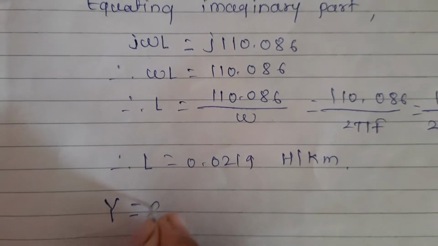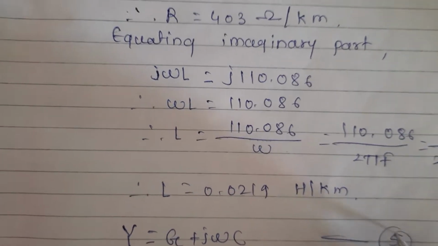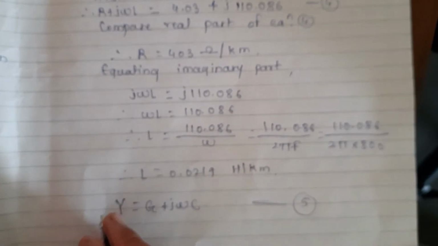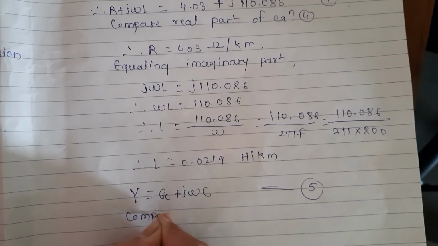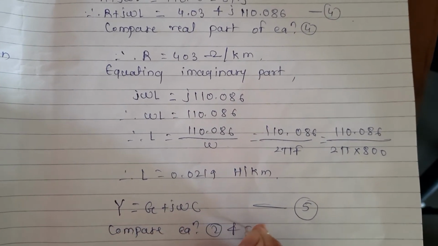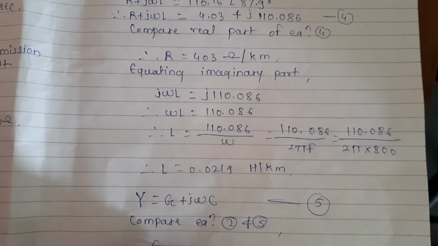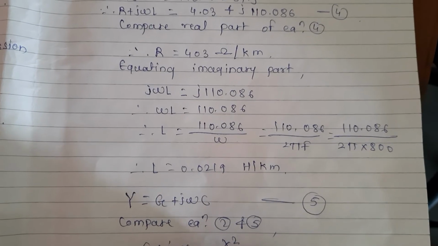Now to calculate G and C, consider the equation of admittance. So Y is equal to G plus J omega C. This is equation 5. Now compare equation 2 and 5. So we get G plus J omega C is equal to gamma square by Z. This is equation 6.